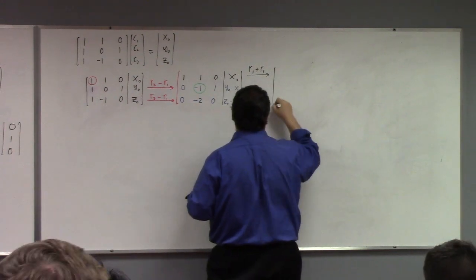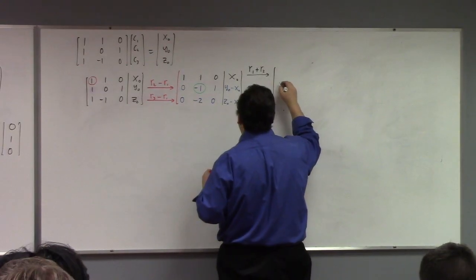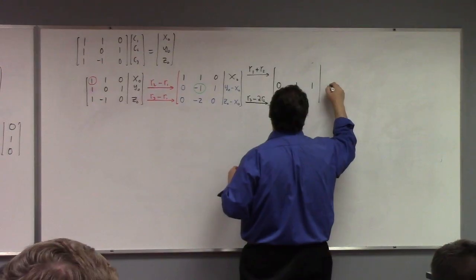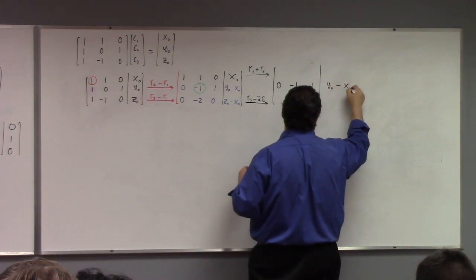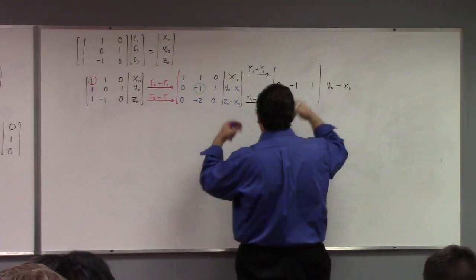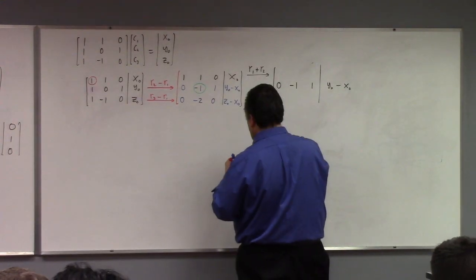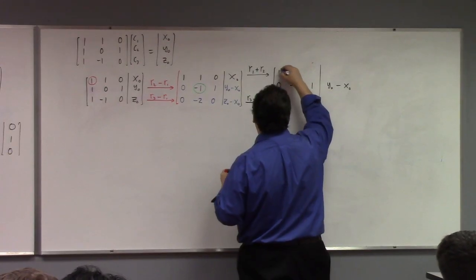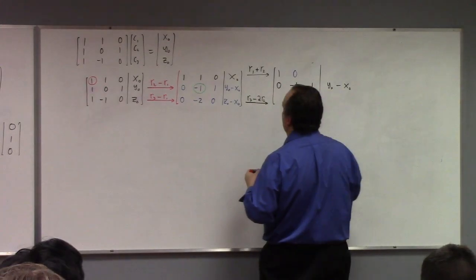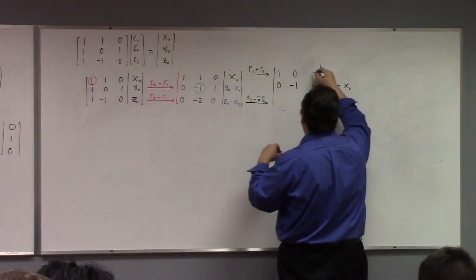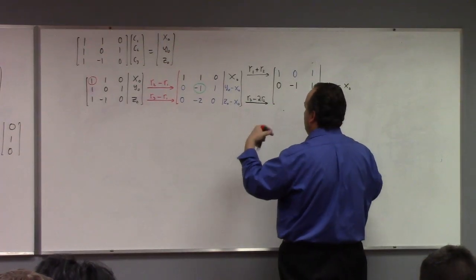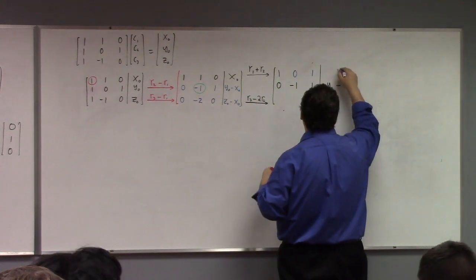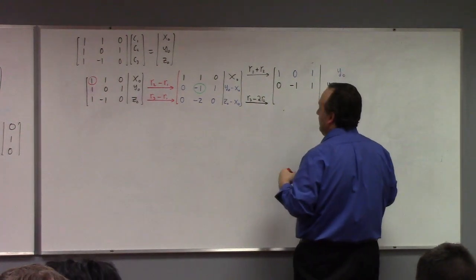Row 2 is unaltered: 0, minus 1, 1, y naught minus x naught. For row 1 plus row 2, I get a 1, a 0, and a 1, and the x naughts cancel, so I'm back to y naught again.